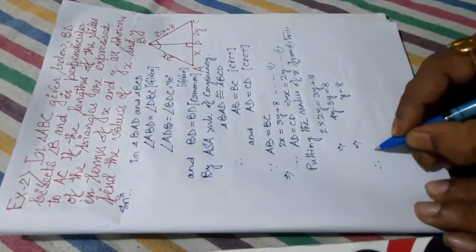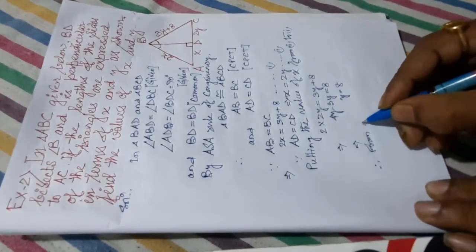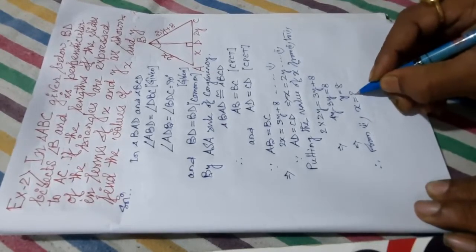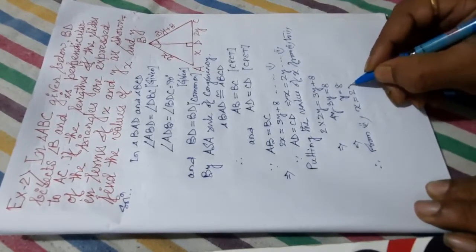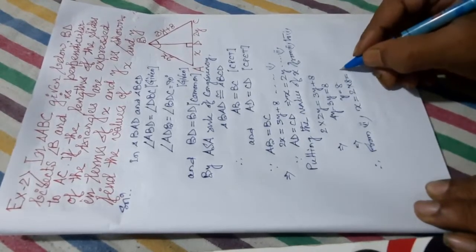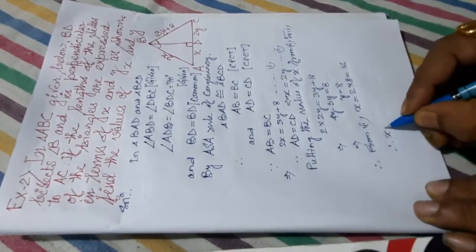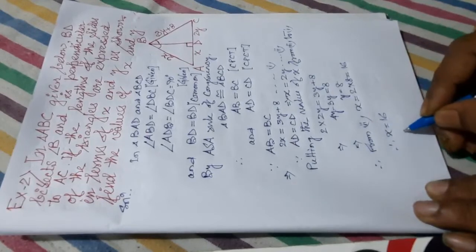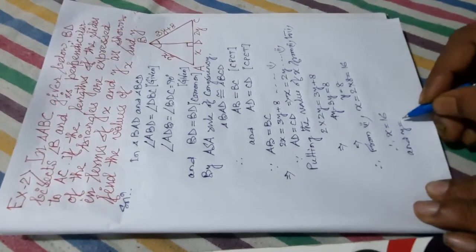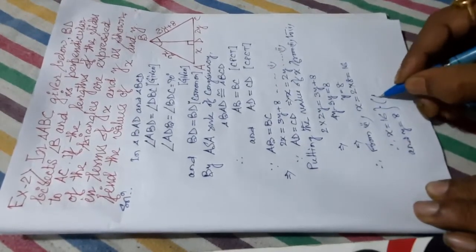Therefore, from 2, x is equal to 2 into 8, 16. Therefore, x is equal to 16 and y is equal to 8. Answer.